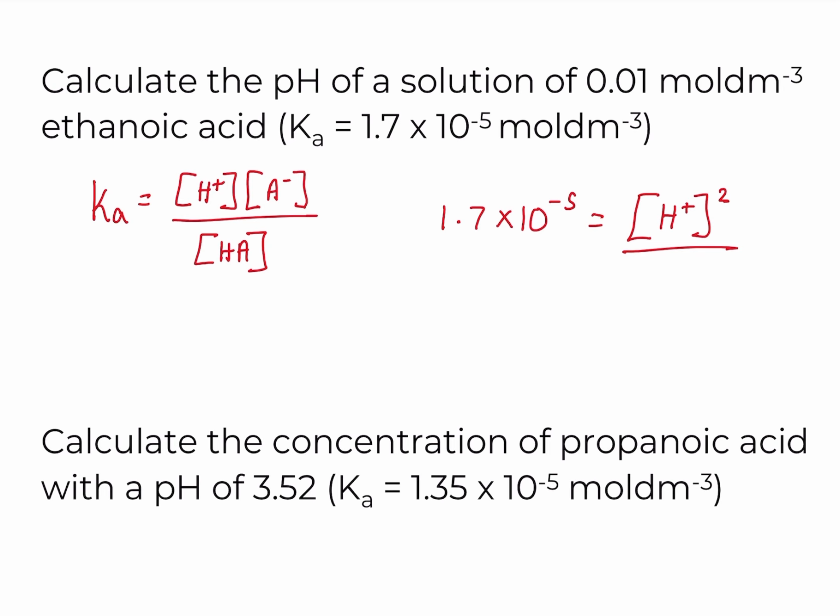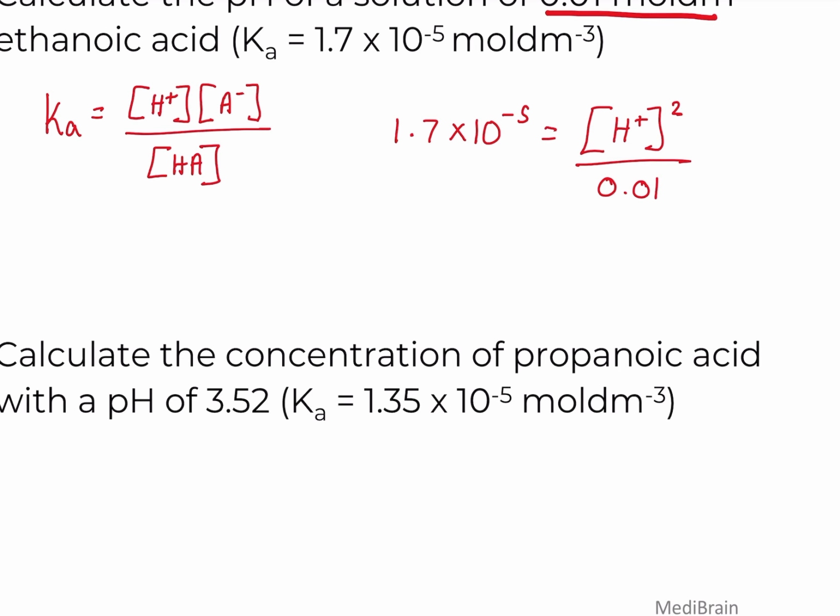So remember, it says the concentration of acid is 0.01 mole per dm cubed of ethanoic acid. So we're going to be dividing by 0.01. If we rearrange this, we would get 1.7 times 10 to the power of negative 5 multiplied by 0.01, and that's going to be equal to H plus squared.